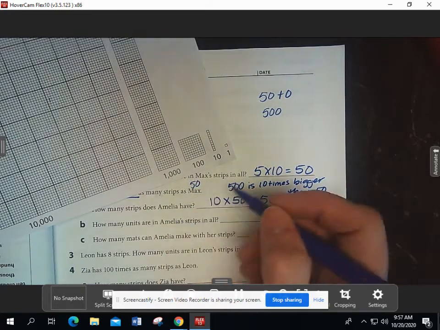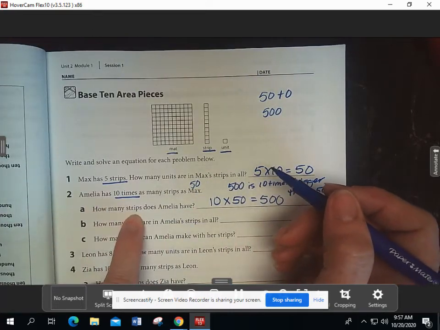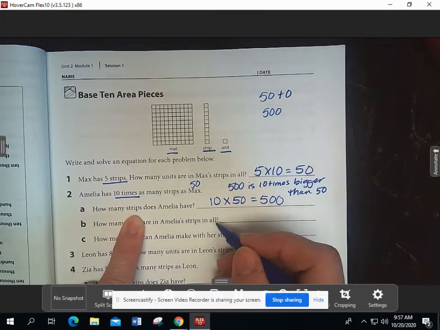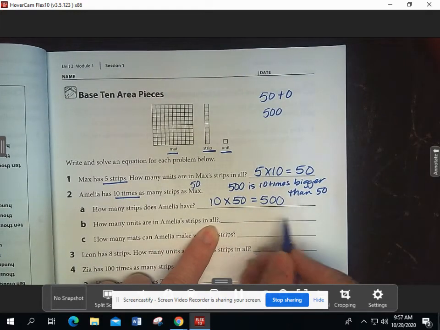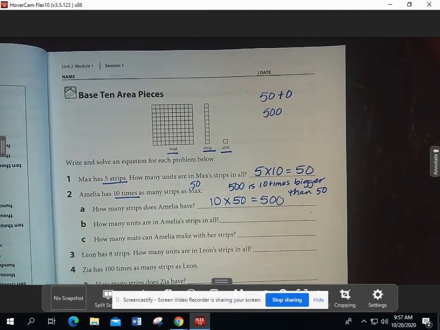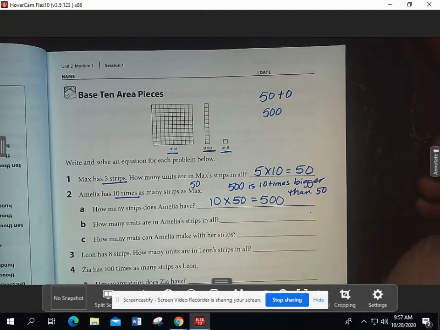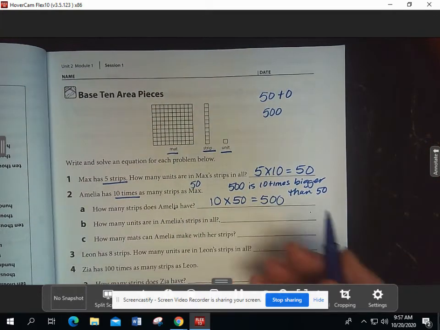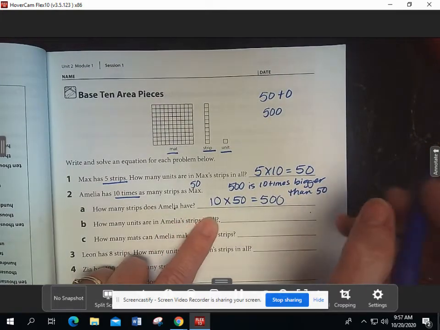Uh-oh, I just realized we jumped the gun here. It's not how many strips does she have. Right here is how many units. We were just figuring out her units. Yeah, I do that every year. I jump the gun on these. So first of all, it says, how many strips does Amelia have?